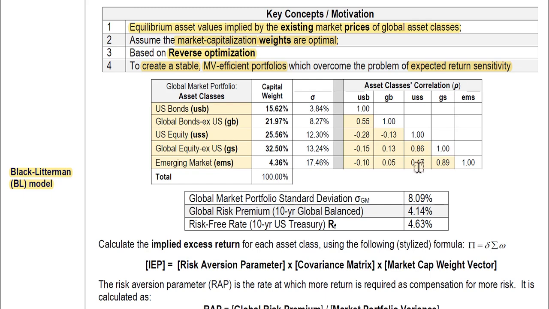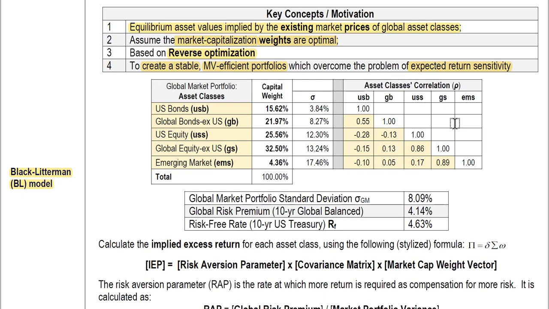On the other hand, we're going to use the capital weight, the standard deviation of the asset classes, and the correlation to estimate the expected return. That is very interesting. So we don't use the sample estimate return, but we use the variance, standard deviation, and correlation matrix to finish that job.